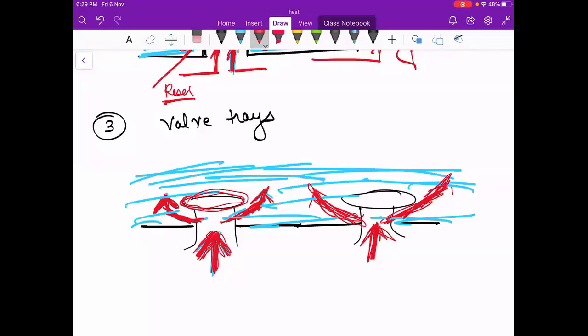Okay, so depending upon various factors, from the maintenance point of view, which one will be costlier? Who will require more maintenance?